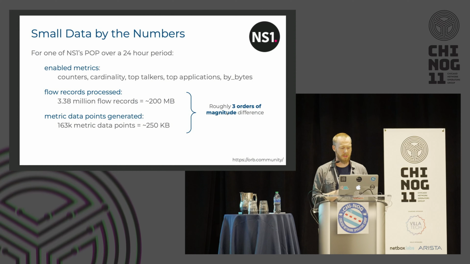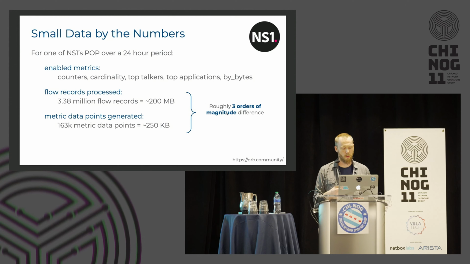So back to the NS1 use case, going from raw flow records into an Orb-powered policy. For a 24-hour period, we set up a policy that had a certain amount of metrics enabled. The raw flow data that we calculated there came into about 200 megabytes of data, 3.38 million flow records.